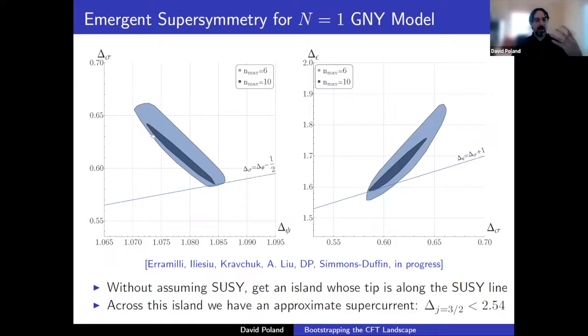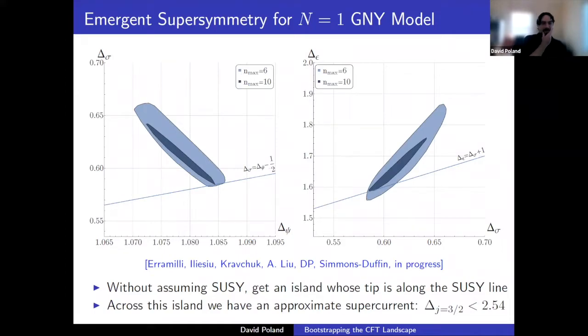This is a nice consistency check that our implementation is working, and you can see that this island has a tip which just intersects the line expected in a supersymmetric theory. This is the line delta sigma equals delta psi minus 1/2, or the line delta epsilon equals delta sigma plus 1. So the supersymmetric model lives right in these lower tips.